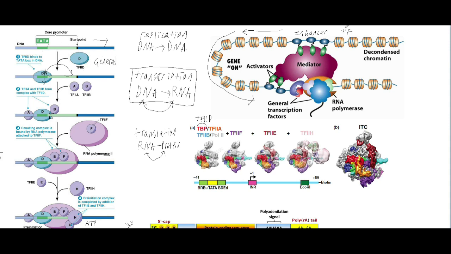But these transcription factors, these that bind to enhancer regions, these respond to cell signaling. And so a cell signal you might be familiar with would be something like insulin. And so insulin binds to the outside of the cell.